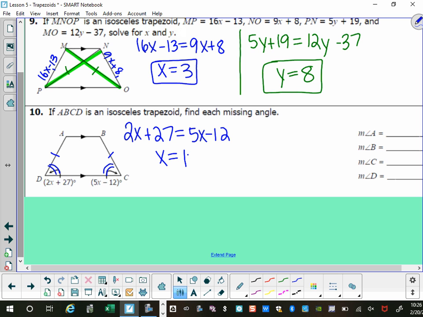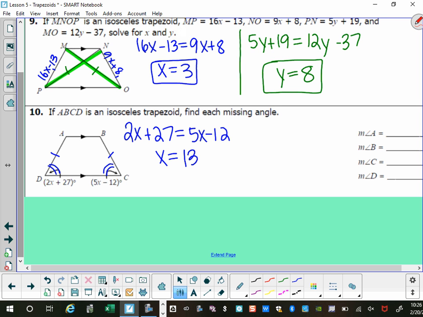Okay, so if x is 13, that's not my answer. We needed that to figure out the rest. I'm going to figure out angle C and D first. So in your calculator, type in 2 times 13 plus 27, and what do you get? And you don't have to do it twice, because I know these angles are going to be the same regardless.